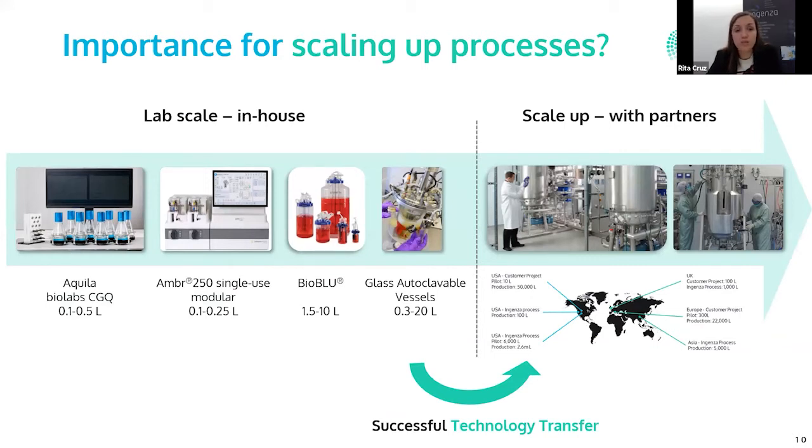And in the past, we've developed several processes with different organisms that have been scaled up by our partners to 100 liters or multi-thousand liter processes. And this can be a very tricky process. And in order to ensure that this is a successful scale up, we need to ensure successful technology transfer.